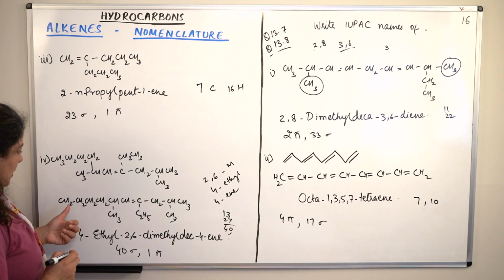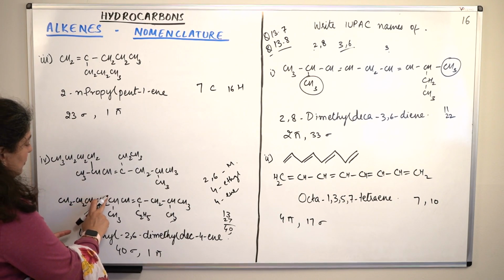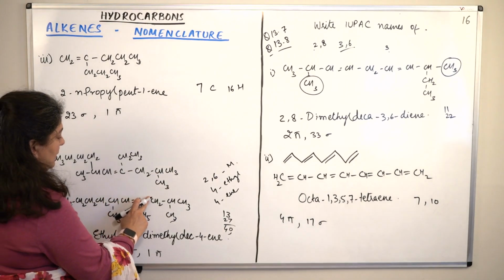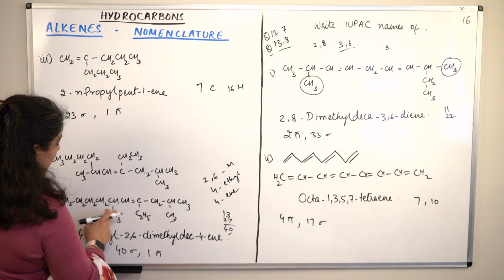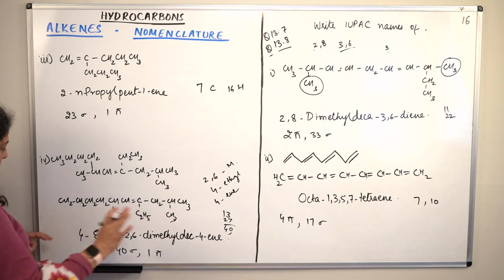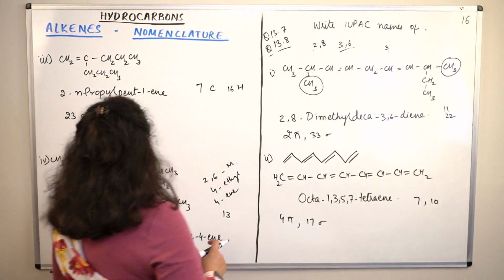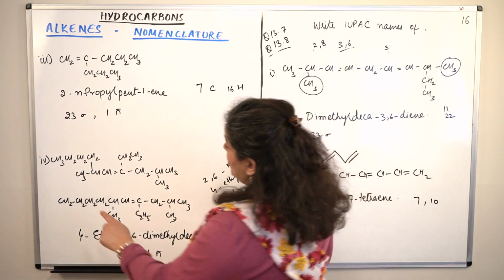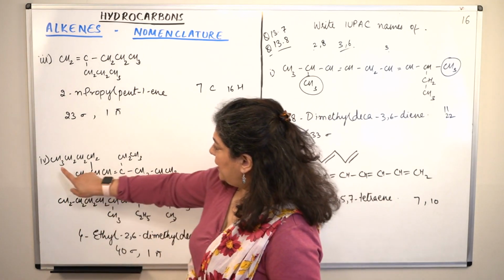Maybe in the hydrogens, in the carbons. 1, 2, 3, 4, 5, 6, 7, 8, 9, 10, 11, 12, 13. So 13, yes. So let us now count the hydrogens. For the hydrogens, let's go to this structure. How many hydrogens are there?